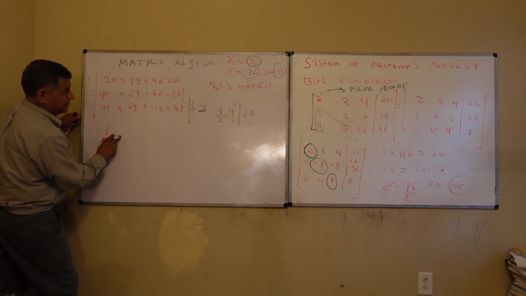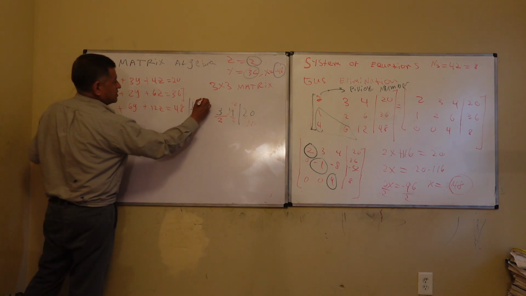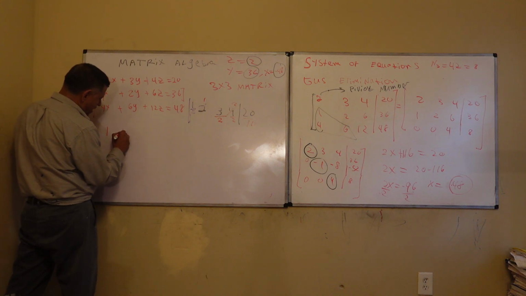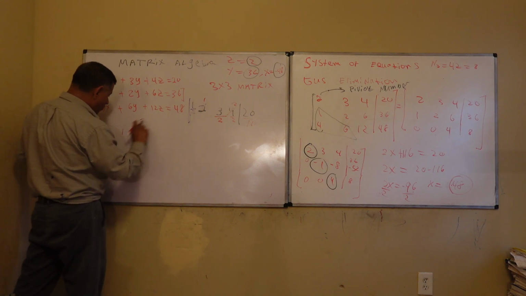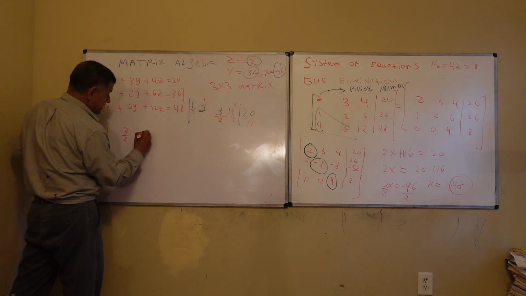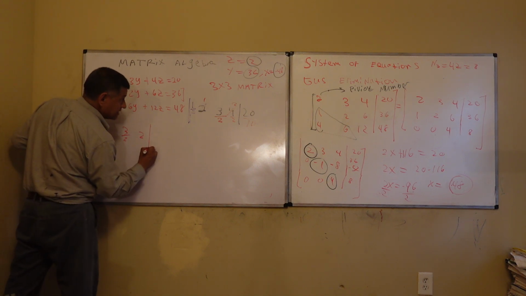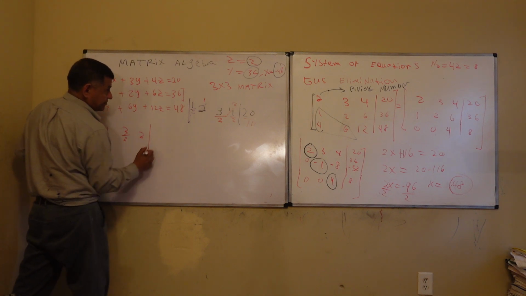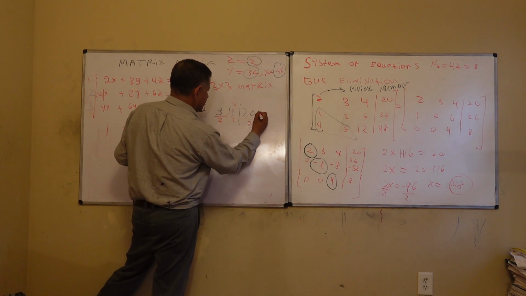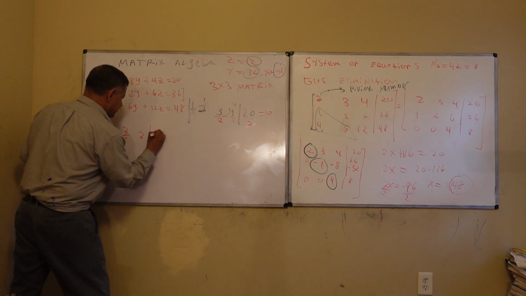Okay, so it's going to be 1, right? That one is going to be 1, right? So this one is 1, 1, right? And then 1. And then that one is 1/3. And then that one is 2. And then this is 2, this is 10. I don't want to confuse anybody. This is 10 now.